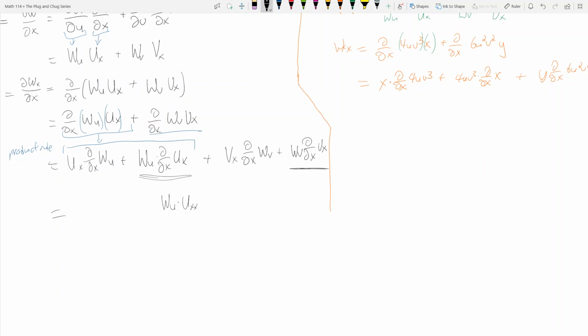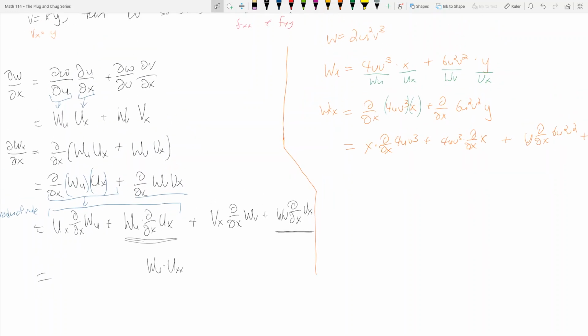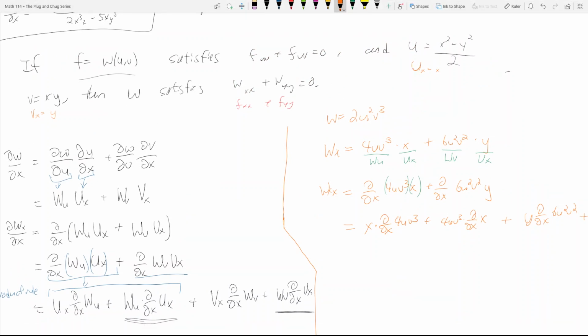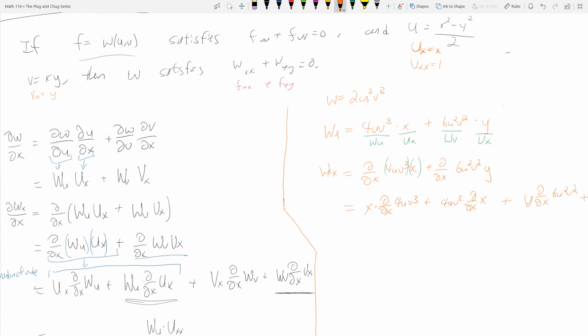Because u sub x in this example, or even up here, is x. We see this, u sub x is equal to x. And if you take the partial of this guy with respect to x, well, that's really simple because the partial of x with respect to x is just 1. So u sub xx is equal to 1.